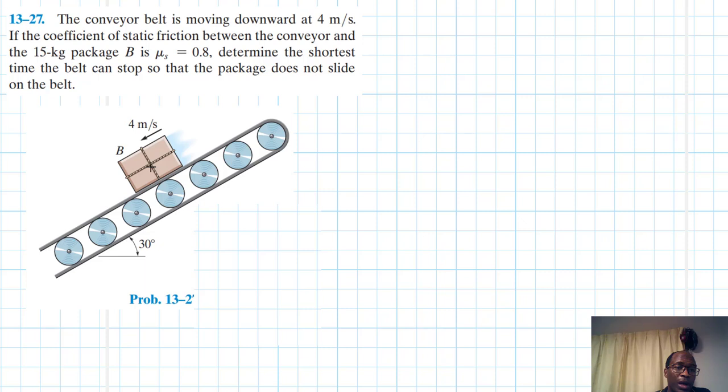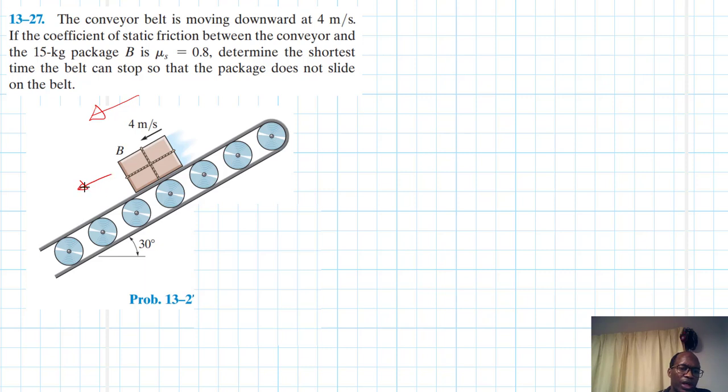This package is moving together with the conveyor in this direction, and if this conveyor came to a stop, which direction do you think this particular package is going to slip? Of course, this direction, right? Inertia, the tendency of a body to continue in the direction of motion.